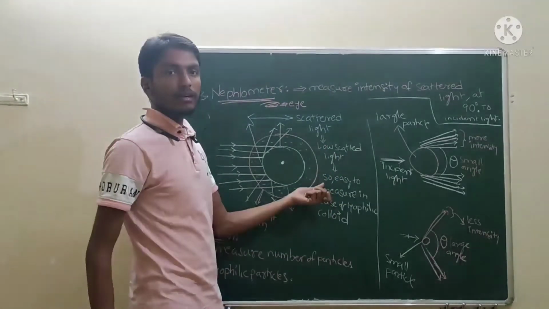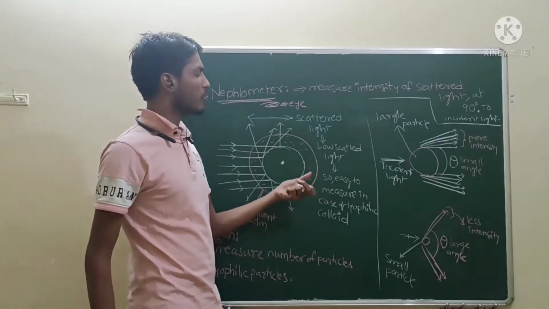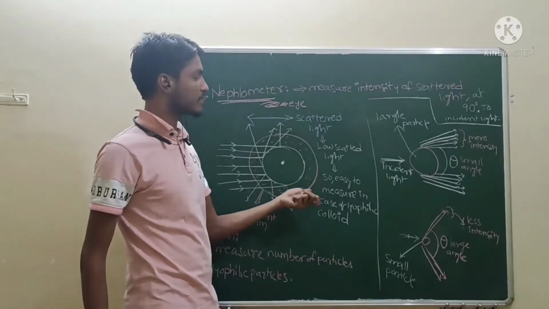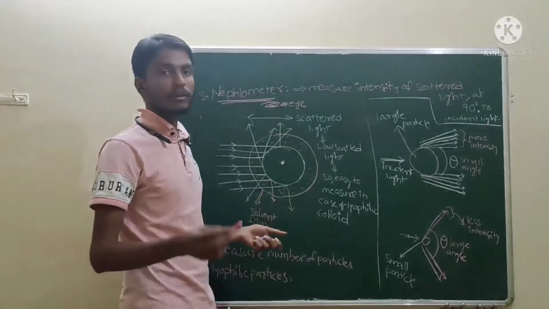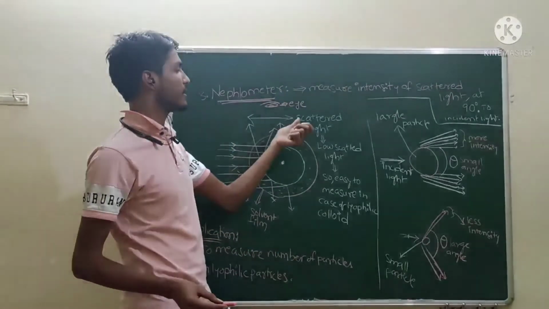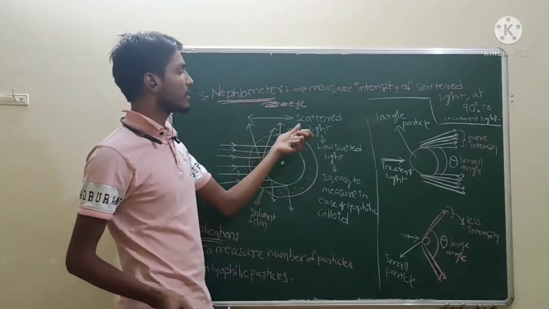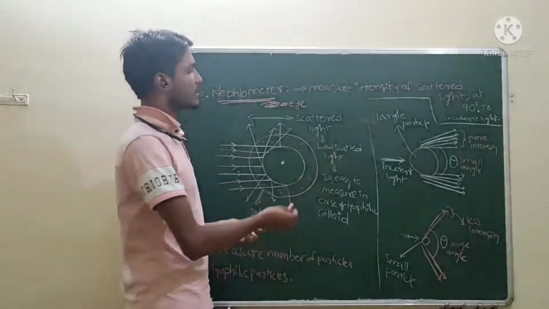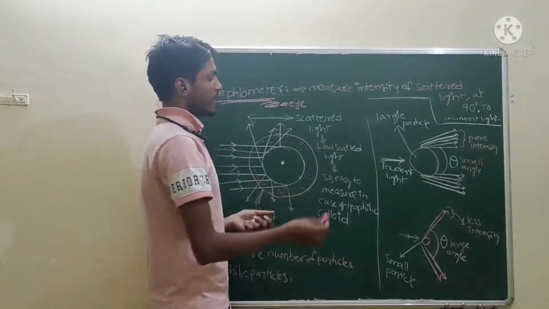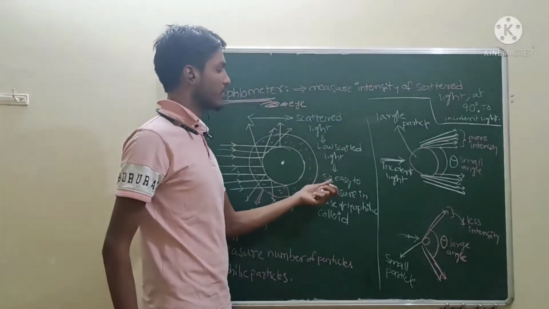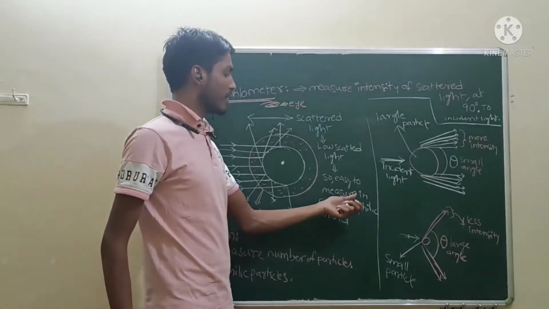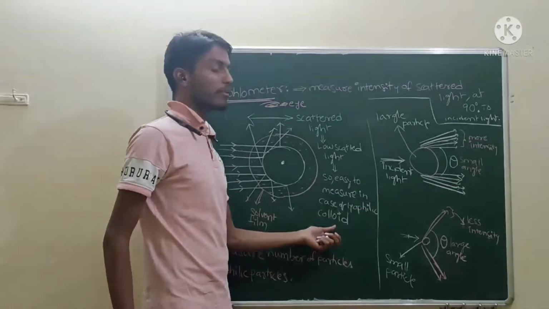So it's very difficult to quantify the large amount of transmitted light. Hence, we are just measuring the scattered light. The scattered light is low, so it's very easy to measure in the case of lyophilic particles.